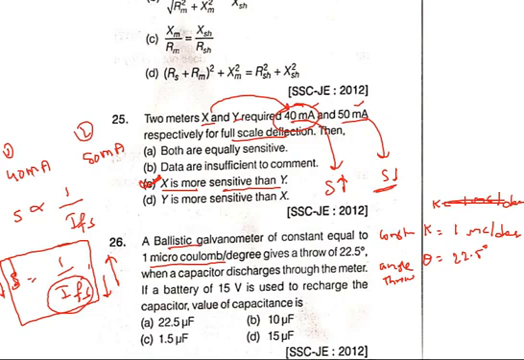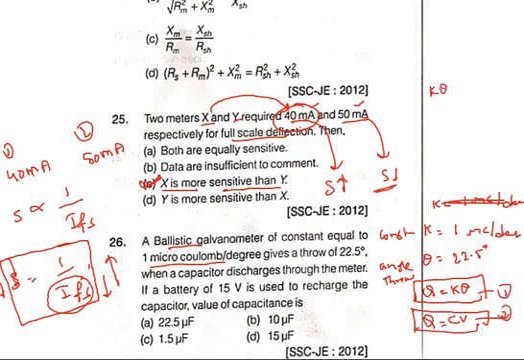Okay, we know that Q equals K theta as per the given data. And we know another formula also, Q equals CV. So based on these two formulas, we get K theta equals CV.